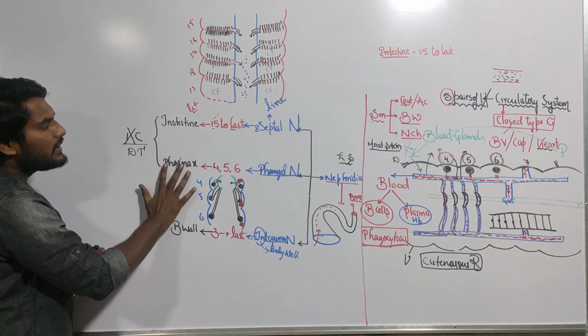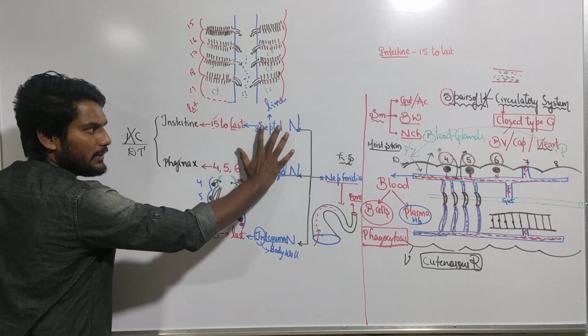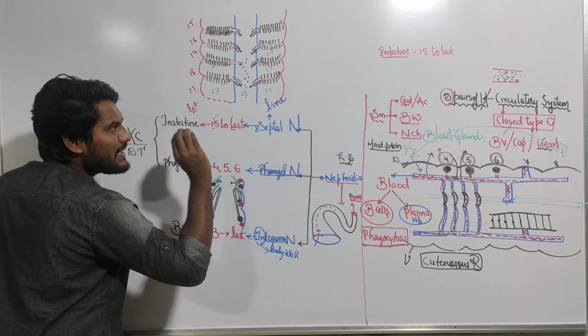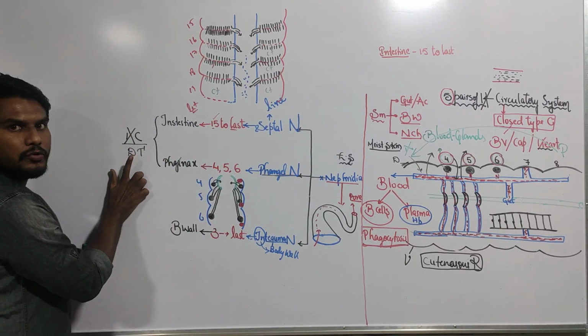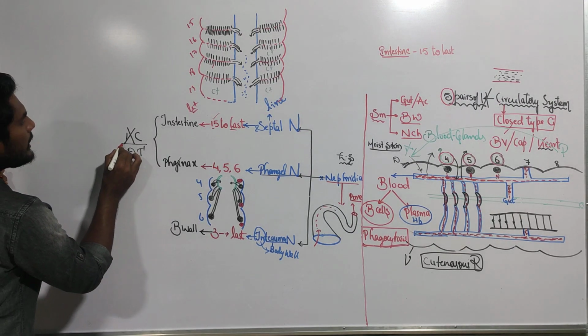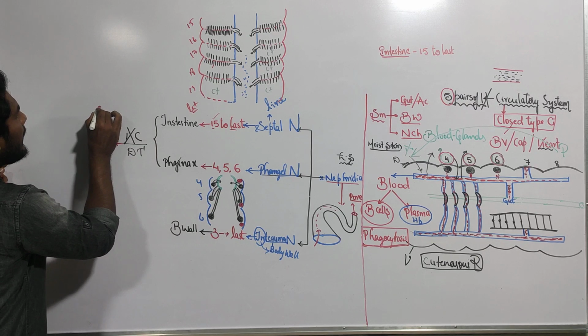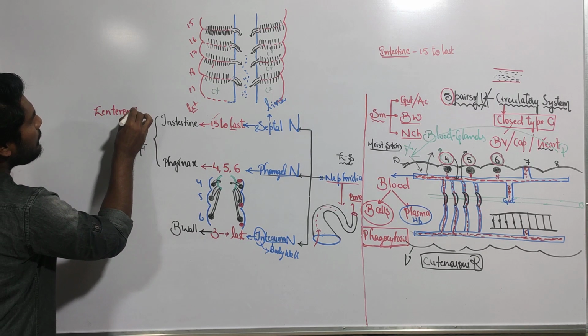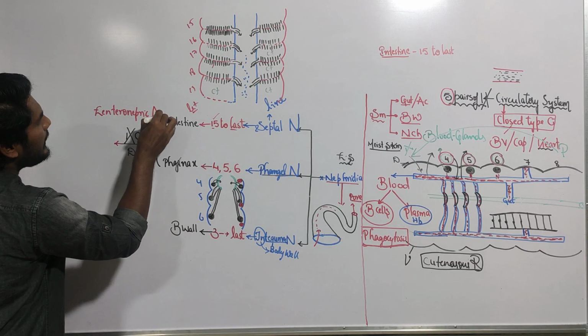So both the septal nephridia and the pharyngeal nephridia are releasing the waste into the digestive tube. Because of that only we call these two enteronephric nephridia.